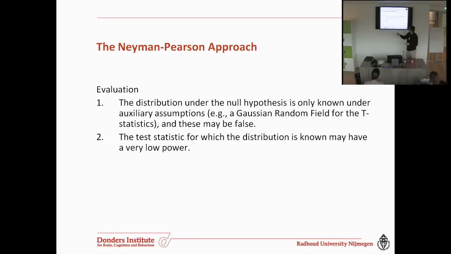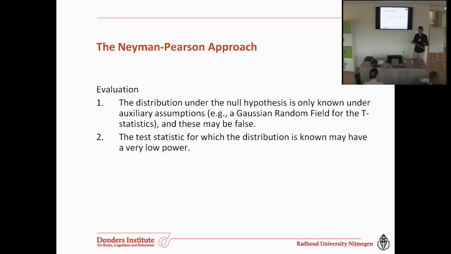A second point, just as important or maybe even more important: the test statistic for which you know the distribution under the Gaussian random field may have a very low power. The question is, what is this power? How can we calculate it?